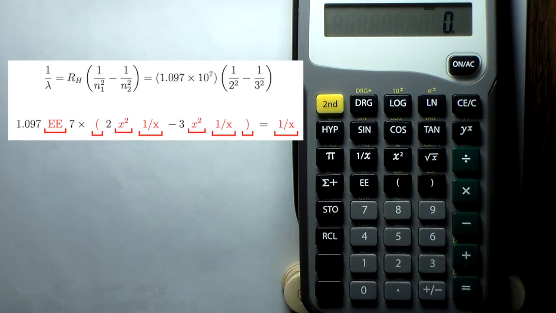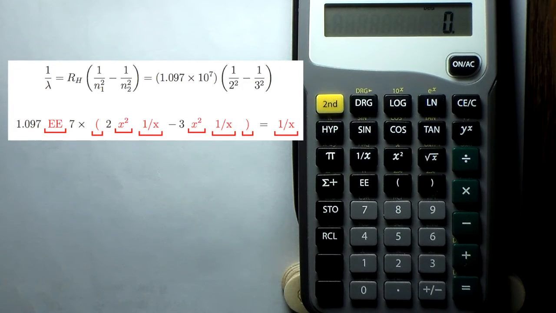The n1 and n2 are just two integer values: n1 will be 2, and n2 we'll choose to be 3. These really can be any integer values. This formula is for calculating the wavelength of light in transitions in a hydrogen atom.